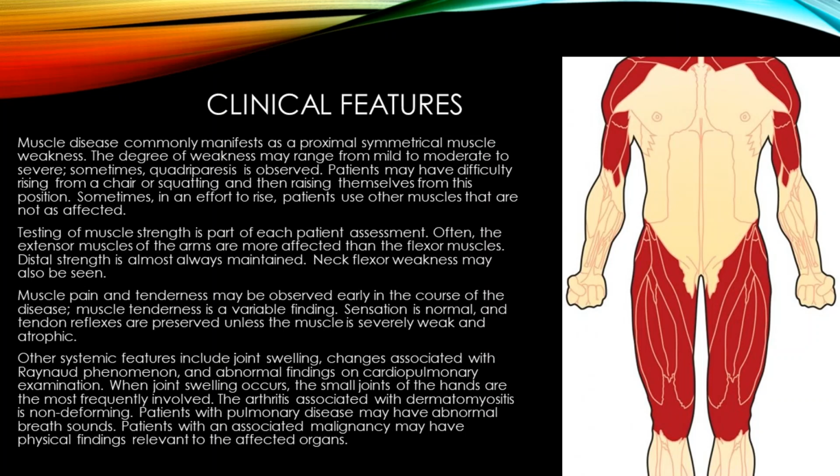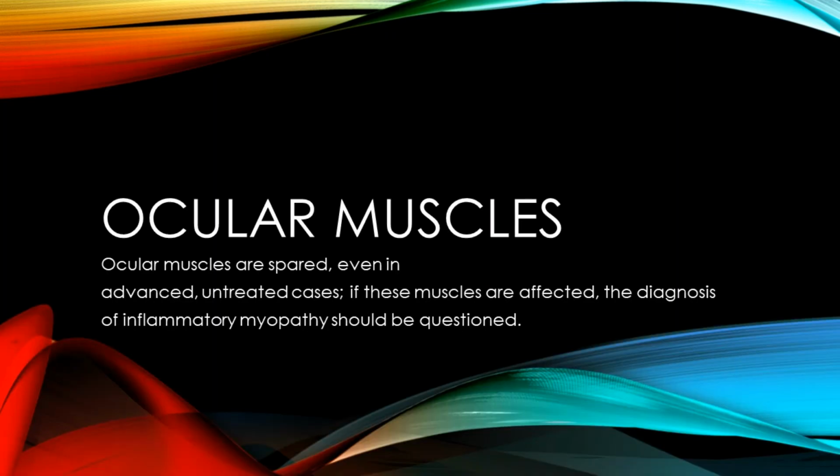Patients with an associated malignancy may have physical findings relevant to the affected organ. Ocular muscles are spared, even in advanced, untreated cases. If these muscles are affected, the diagnosis of inflammatory myopathy should be questioned.